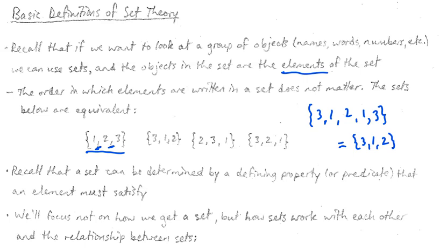Earlier on in the course, we talked about sets that were determined by a defining property or a predicate that the element had to satisfy. We saw cases where, say, x was an integer that made 2x less than 5, or something like that. So we've seen some of those kinds of sets.